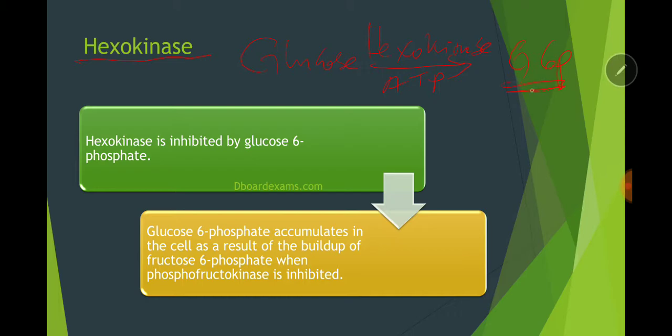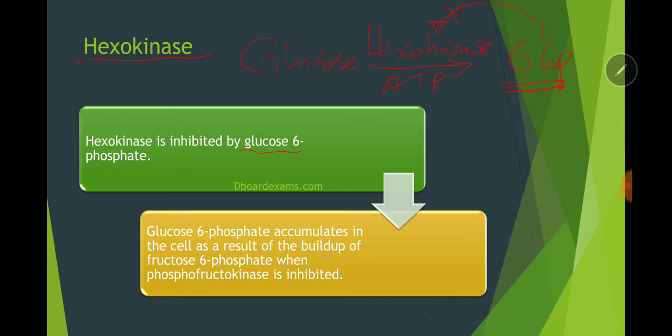And when there is too much glucose 6 phosphate, it goes ahead and blocks hexokinase. So hexokinase is inhibited by glucose 6 phosphate. These are key things that you're supposed to know about glycolysis.